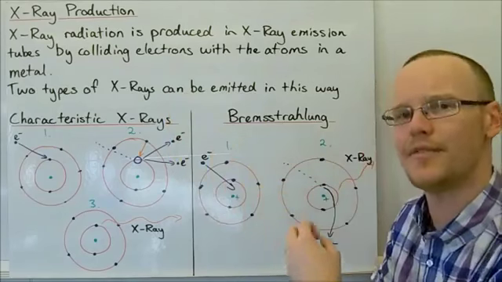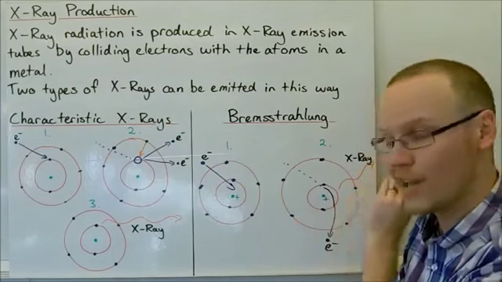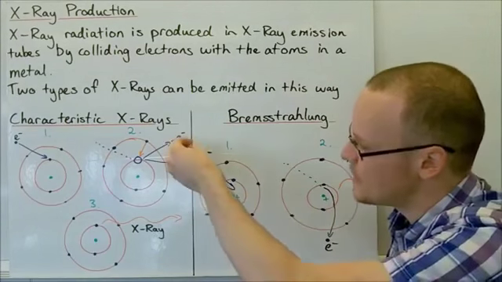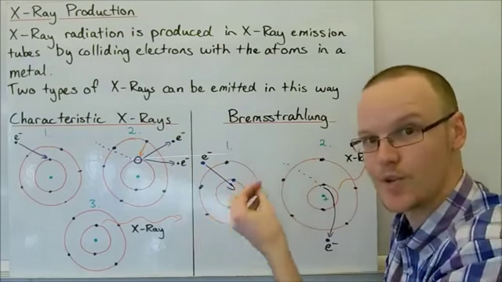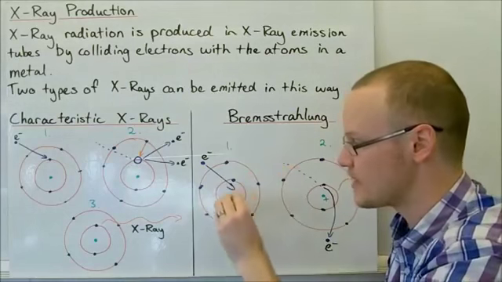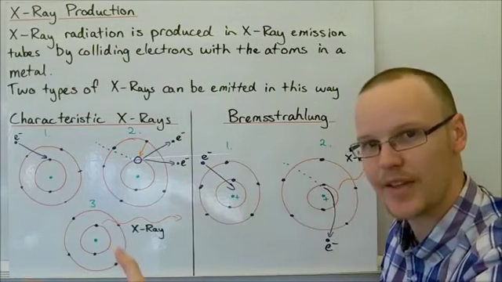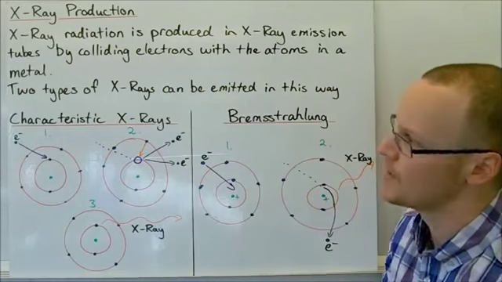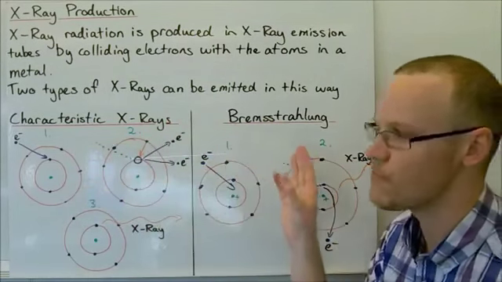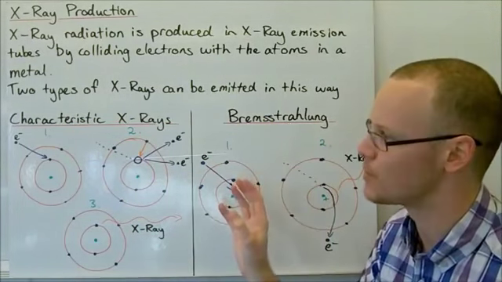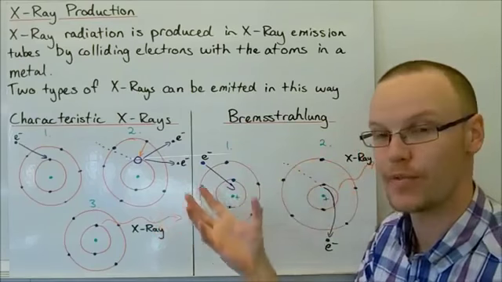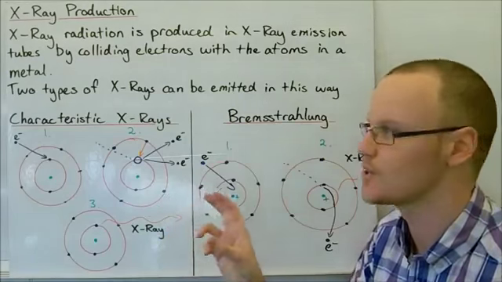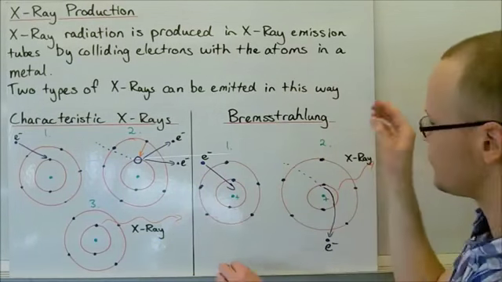If it's not slowed down very much, then a very low energy X-ray is emitted, and if the electron is completely stopped, at the absolute other extreme, the X-ray will have a very high energy. So you can see there are two very different ways where X-rays can be produced when you are firing electrons at very high velocity towards a metal.